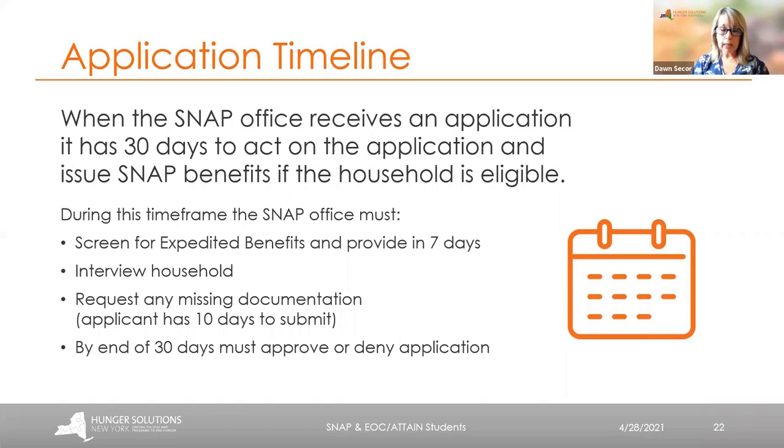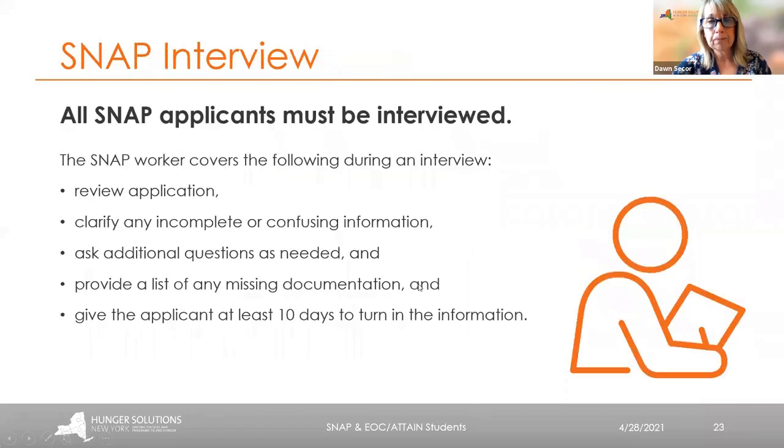So it's just a different process, and not everyone is eligible for these expedited benefits, but everyone will be screened. And then the next thing that happens is households are interviewed. During that interview, the caseworker requests any missing documentation and provides the applicant with a time frame to get that back and ways that they can do that. And by the end of the 30 days, the SNAP office has to approve or deny the application.